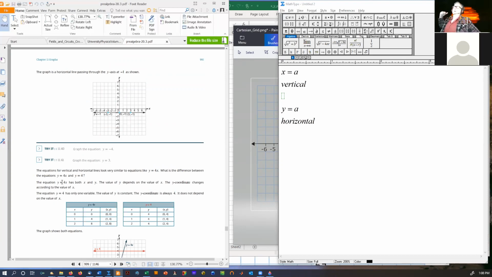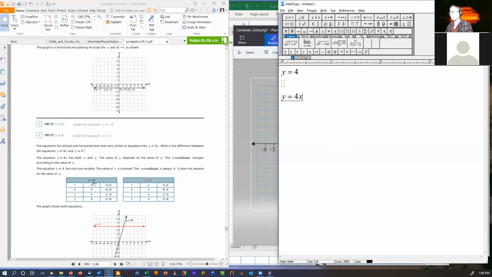Okay, so it should be relatively clear what the difference is between a line that has the form, say, of y equals 4 and a line that has the form of, what did they use? Y equals 4 times x. And so let's look at what that would look like. And so what have they got? Yeah, they've got these equations. Good.